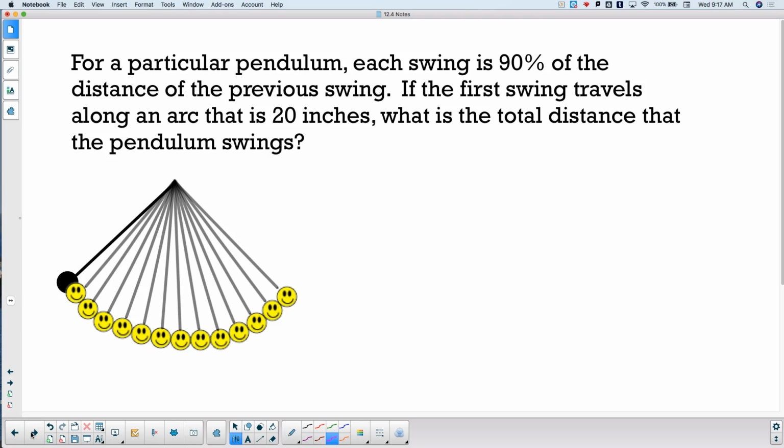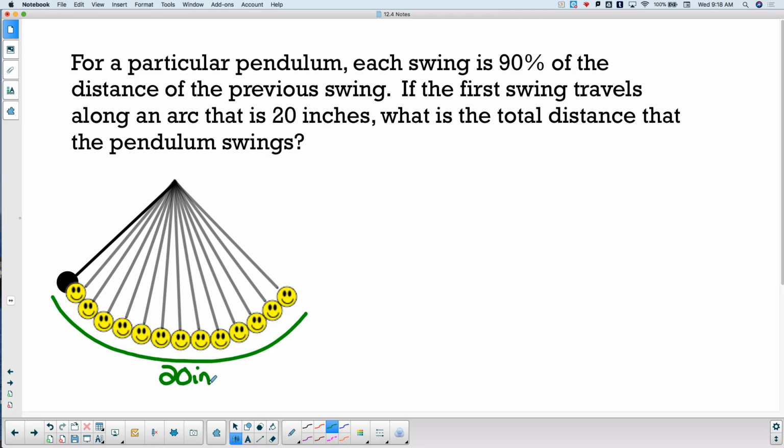So I'm going to read this problem. For a particular pendulum, each swing is 90% of the distance of the previous swing. If the first swing travels along an arc that is 20 inches, so it went from here to here, and that was 20 inches, what is the total distance that it swings?